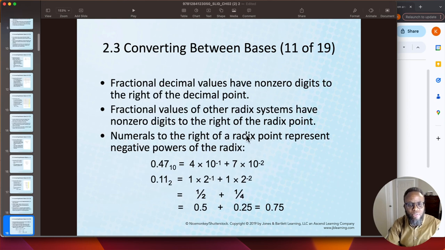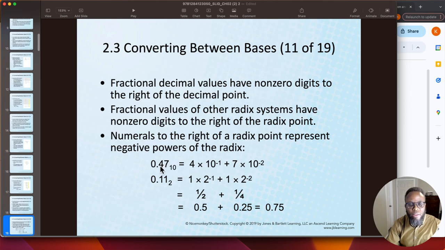Now, let's see how to convert a fraction. So 0.47 base 10. Remember, when we write things in base 10, we do not explicitly talk about the base, but 0.47 base 10 is, we talked about the fact that because this is a decimal, the exponential factor is going to be negative, right?